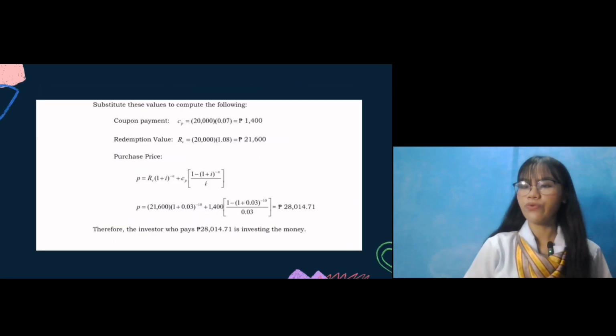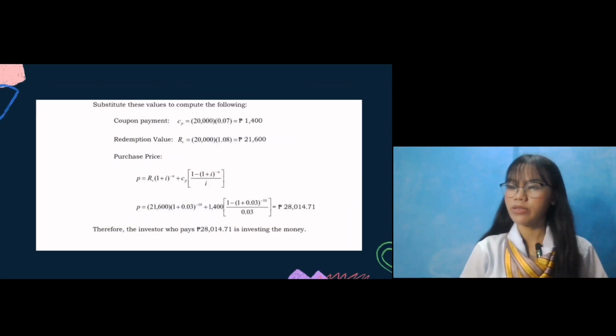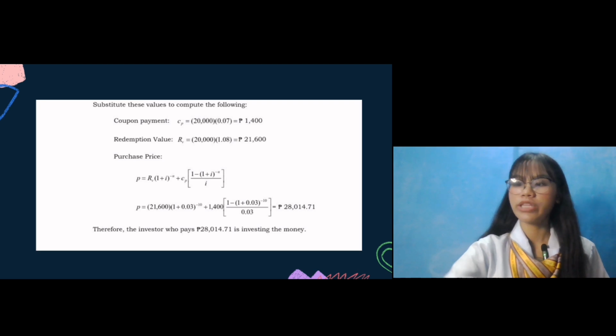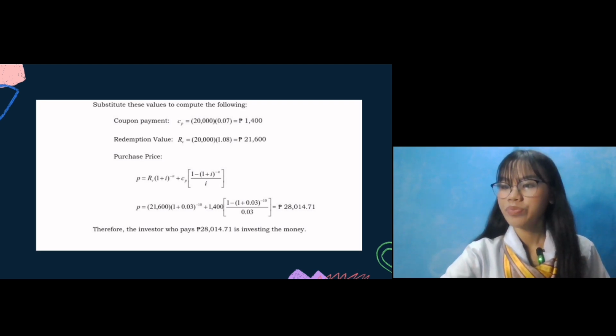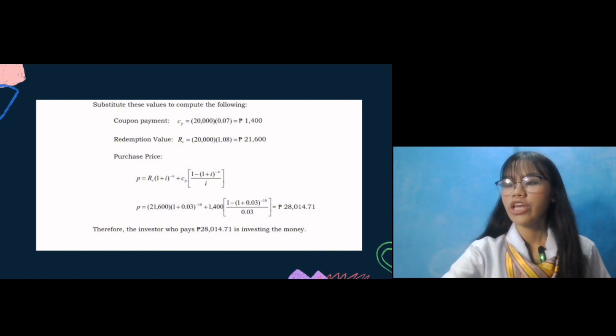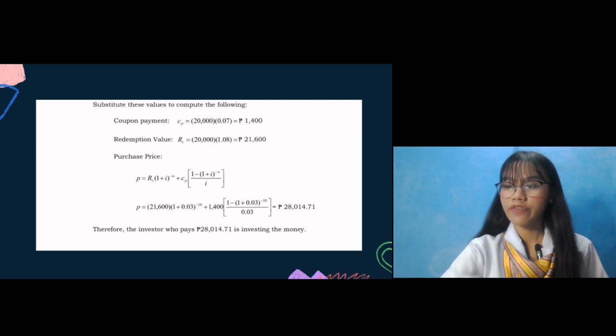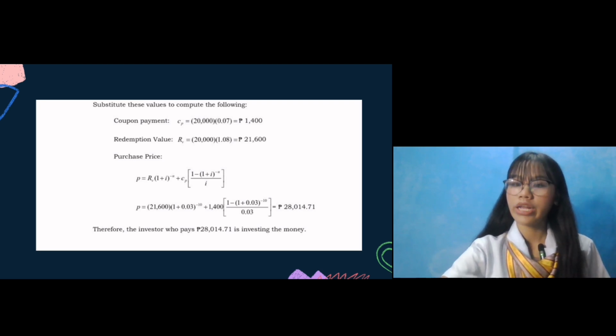Now, in order to find the coupon payment, we need to multiply the 20,000, our F, by our B. If we multiply both of them, our coupon payment will be 1,400. For the redemption value, our formula is just multiplying the F and, of course, our R in redeemable.